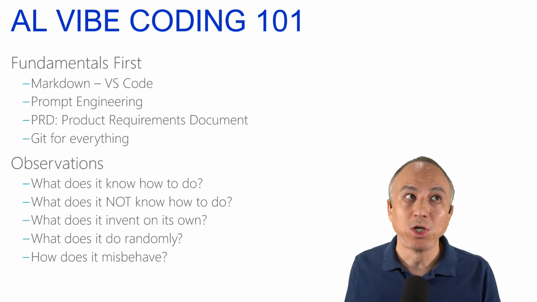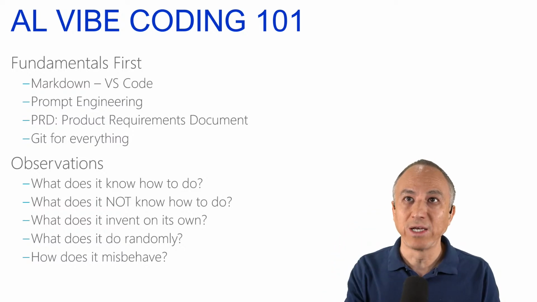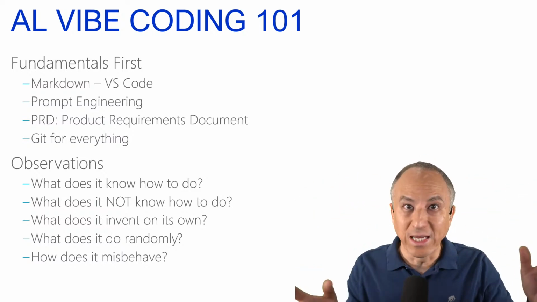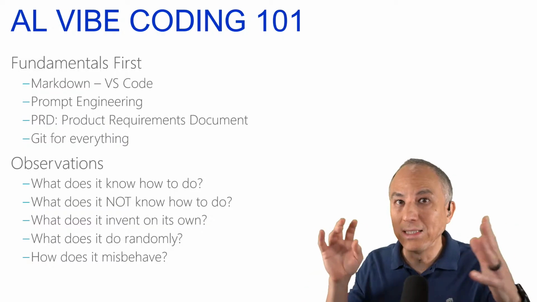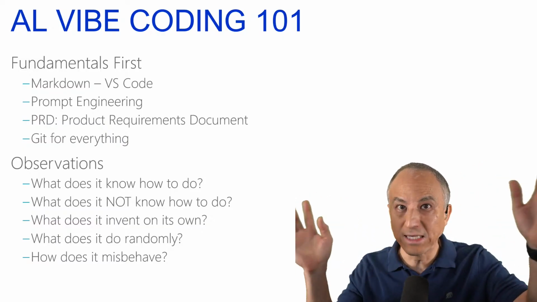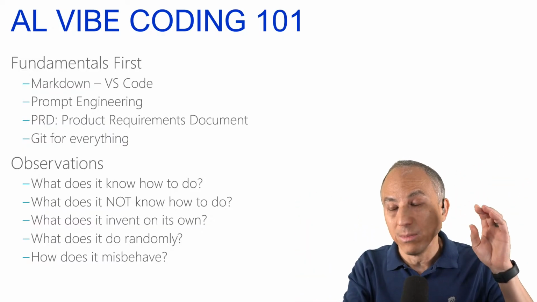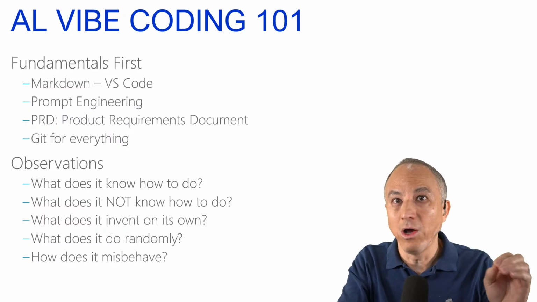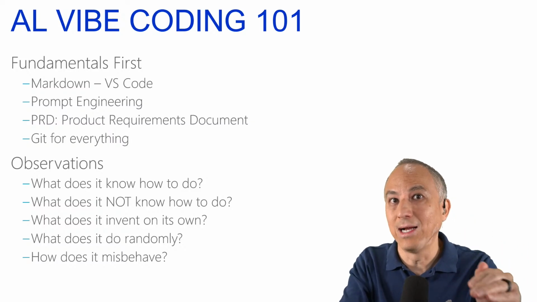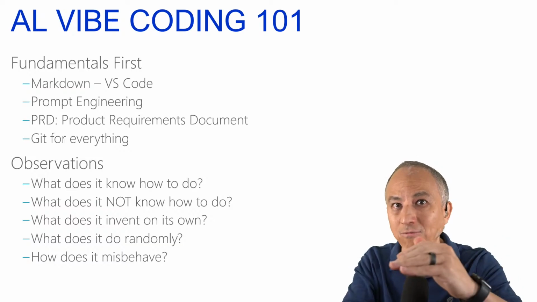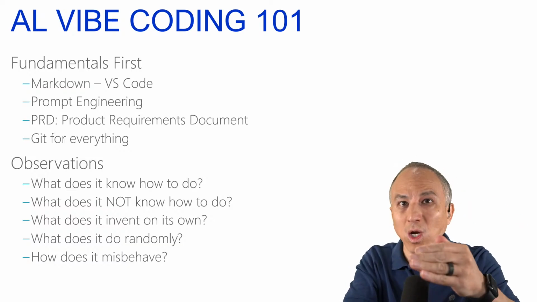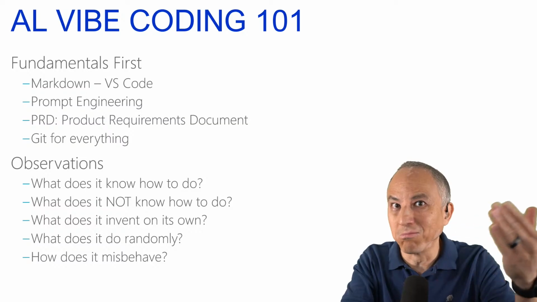Observations. So this exercise was trying to figure out, I didn't use any fancy tool sets and crazy MCPs and like 12-step agent teams, because the idea is if you don't know exactly what these AI tools can do, how they behave, what they can't do, what does it hallucinate or just make up on its own?